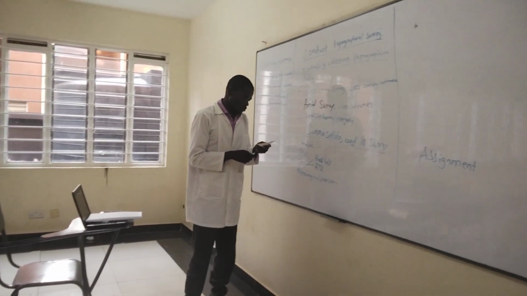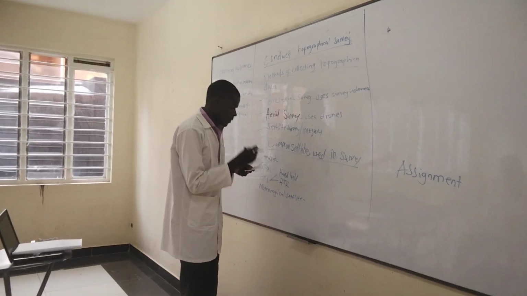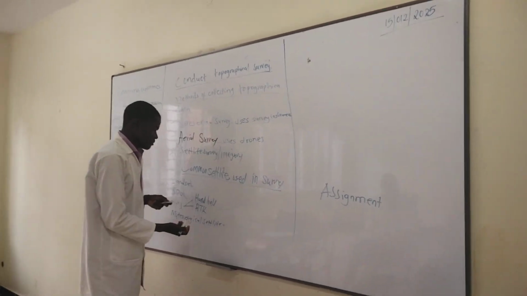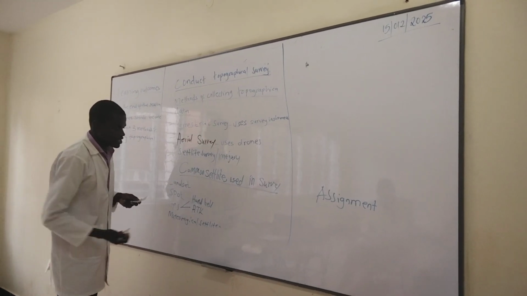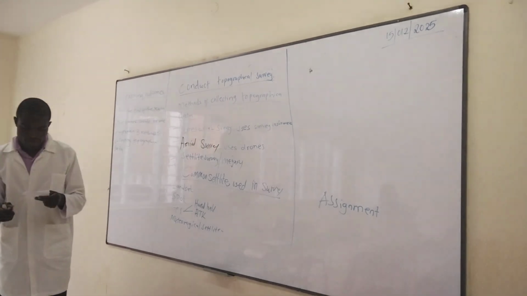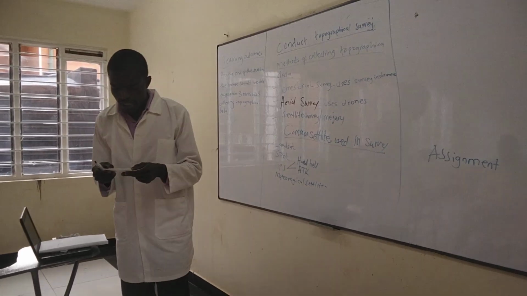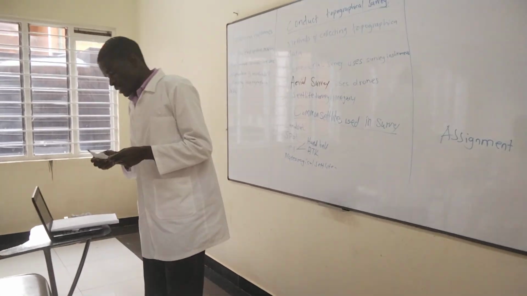Thank you for your cooperation. You say that you can use the handheld GPS or RTK to collect data. RTK means real-time kinematics. So you collect the GPS data with real-time kinematics.